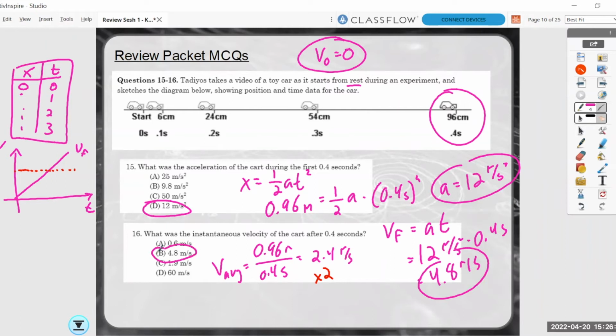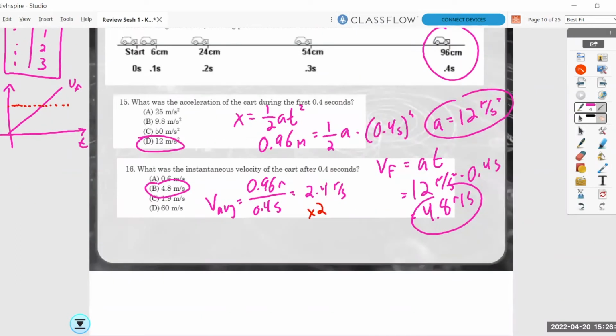Notice that that is in fact exactly twice the average velocity. The reason is that, assuming constant acceleration, average velocity is initial plus final divided by 2. It's literally the average. But if my initial is 0, since it starts out at rest, then this is just half of my final velocity. So sometimes you can exploit that trick: find the average velocity and then double it. Not every time, but it does work out sometimes.